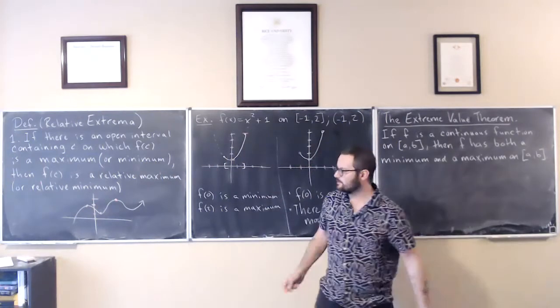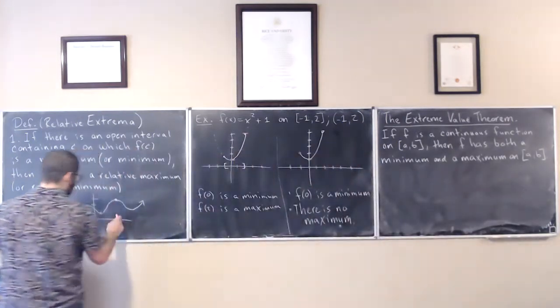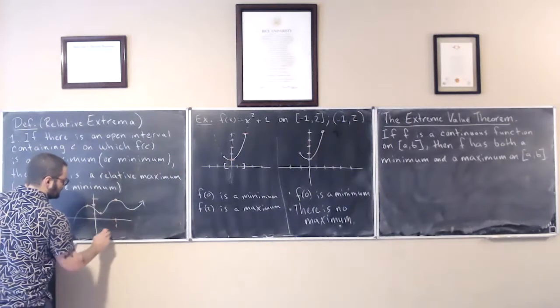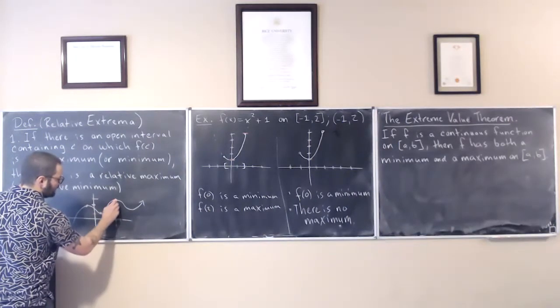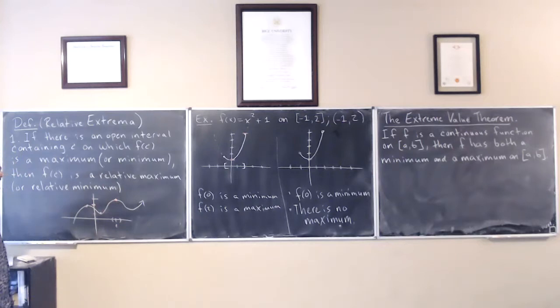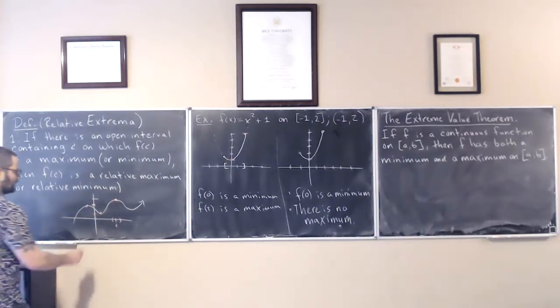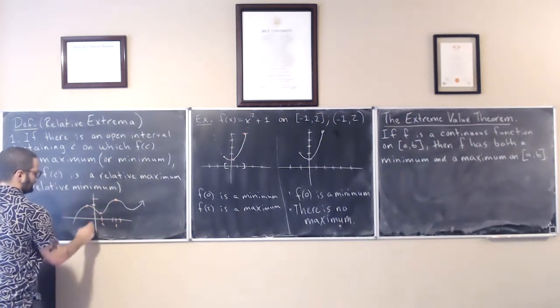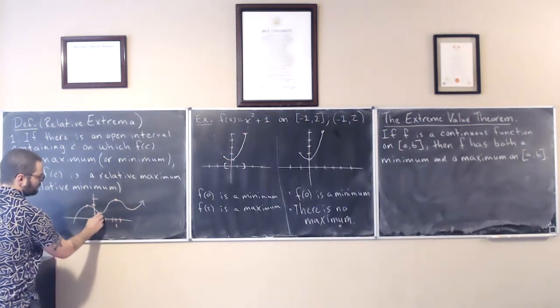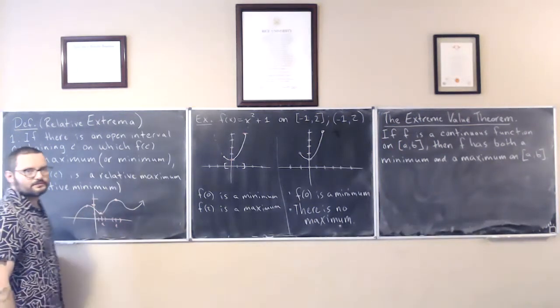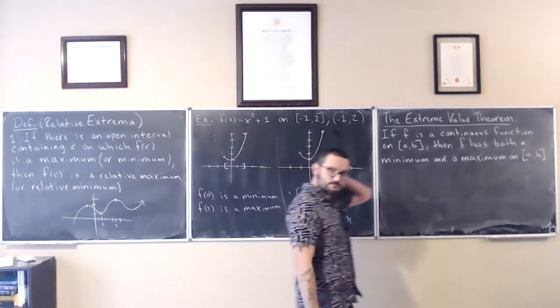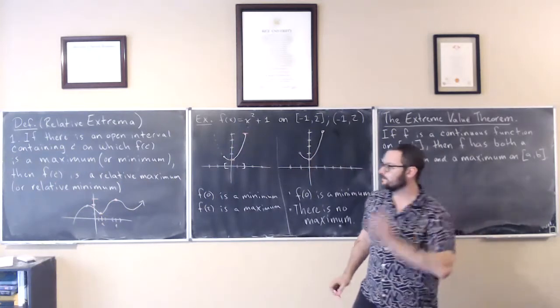Because there is some small interval around, for example, here, where that is a maximum on that interval. Or like maybe here, there is some small interval around a where that's a relative minimum. Okay.